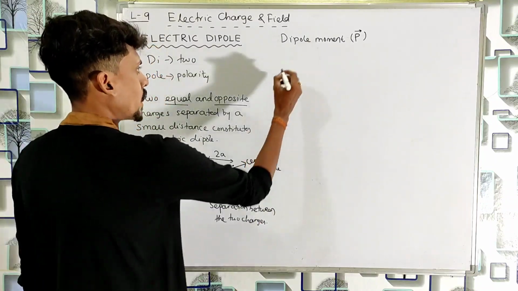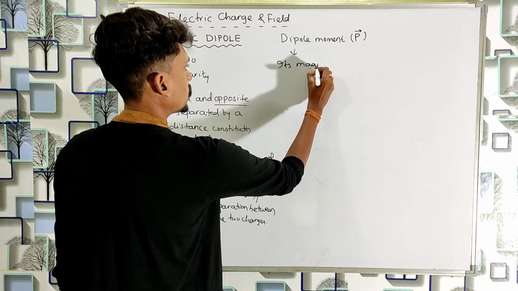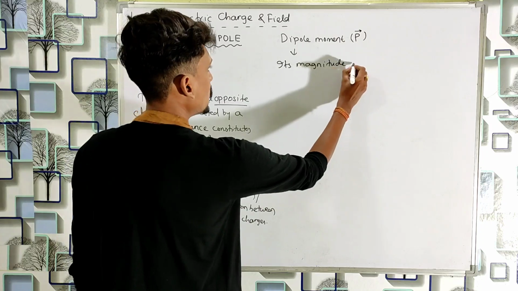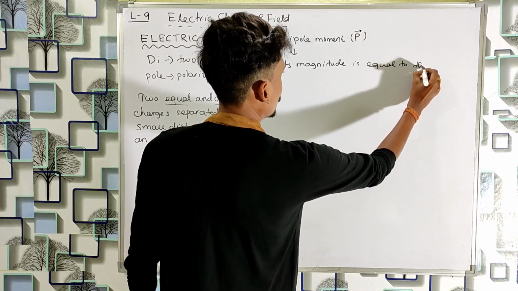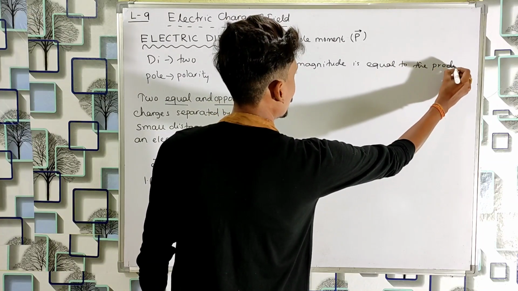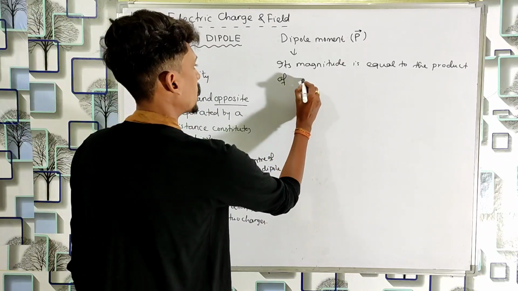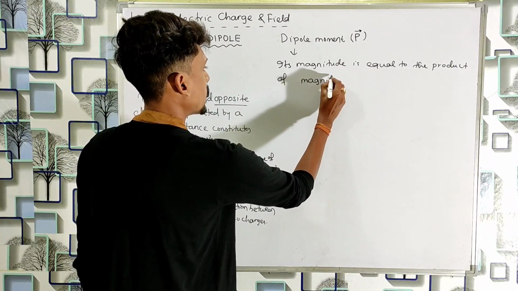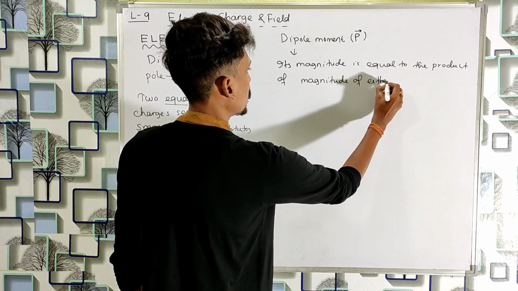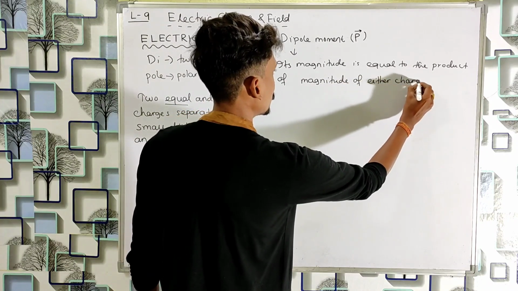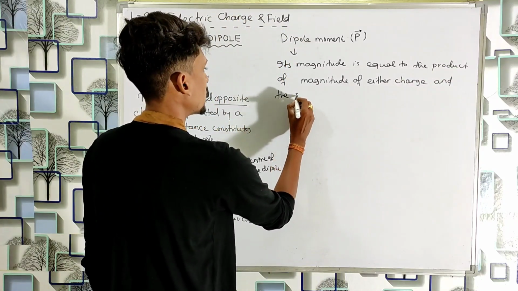The magnitude of dipole moment is equal to the product of the magnitude of either charge and the separation between them.